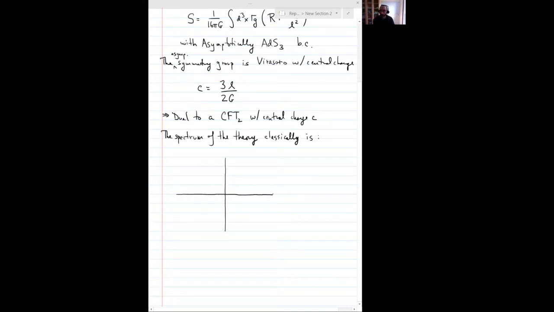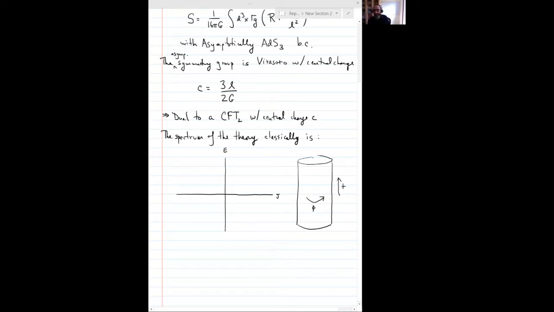If you want a picture for what anti-de Sitter space looks like, you should think of it as a solid cylinder. The boundary of this cylinder is the asymptotic boundary of anti-de Sitter space. There is a time translation symmetry, and there is a rotation symmetry. I will characterize the states by their energy, which is the eigenvalue under time translation, and their angular momentum, which is the eigenvalue under rotation.